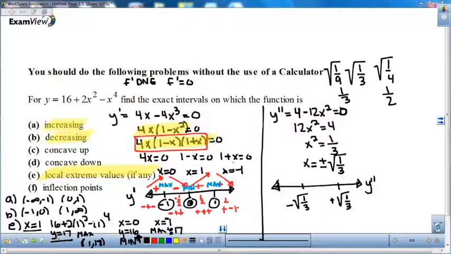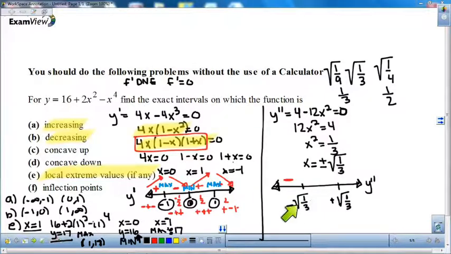I'm going to pick a number to the left of negative square root of 1/3, so I'm going to pick negative 1. If I substitute negative 1 here, I get 4 minus 12, which is a negative number.